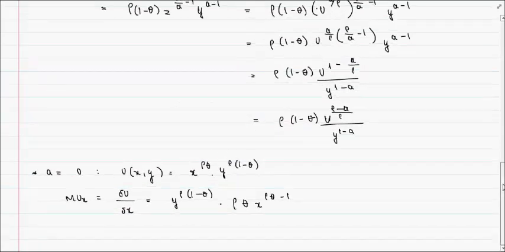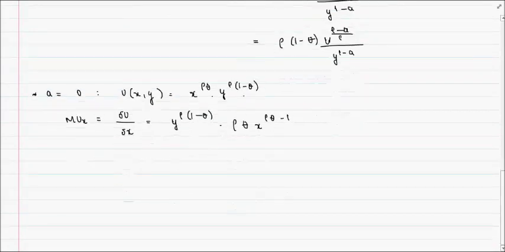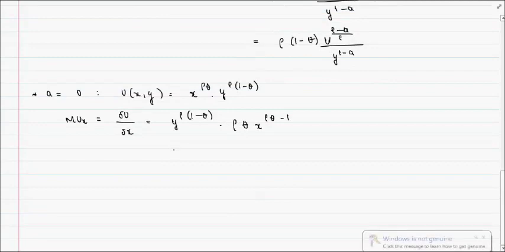Okay, and I just want to express that in terms of the utility function. Okay, so I got the utility function over here. It's just x to the power rho theta times y to the power rho 1 minus theta.